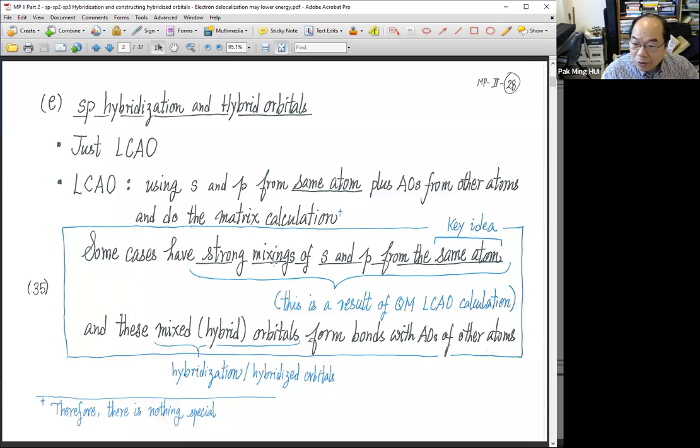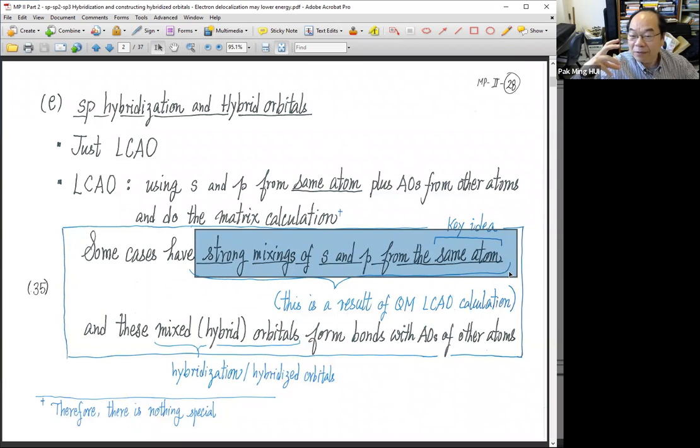It happens that if you do some linear combination of s and p from the same atom first, the matrix will become cleaner, simpler, okay? And we will call this linear combination of s and p coming from the same atom hybridized orbitals, and this process is called hybridization. So this is all what it is about, nothing fancy.